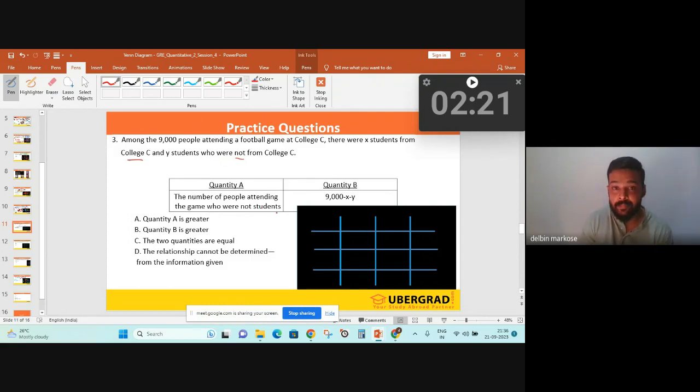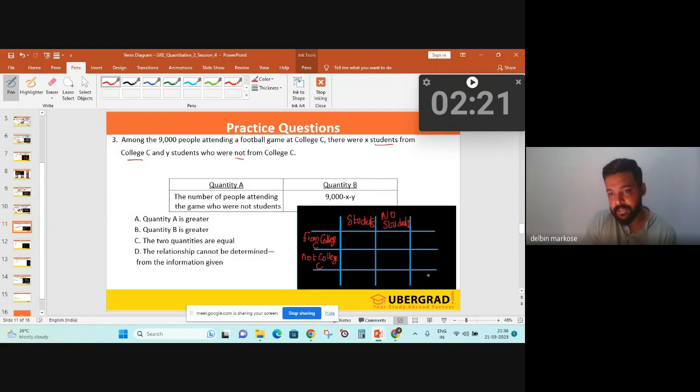So I can write the category like this: the total number of people from College C. So I have to write the second category, the total number of people not from College C. Okay, then you can see students. So I can say no students. These are the categories. Students, no students.